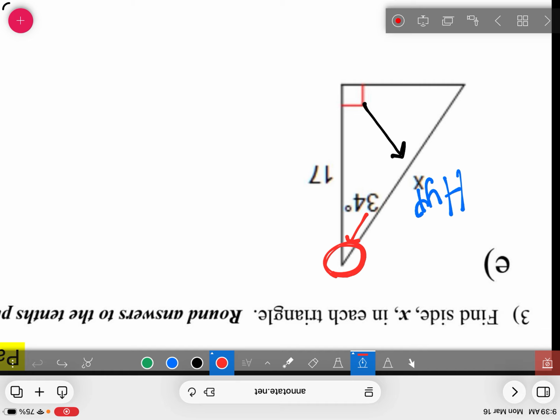If I label the side that has a 17, if I'm driving on this street, do I run into the angle? That means the 17, if you can touch it without making a turn, this is adjacent, which means this is a cosine ratio.